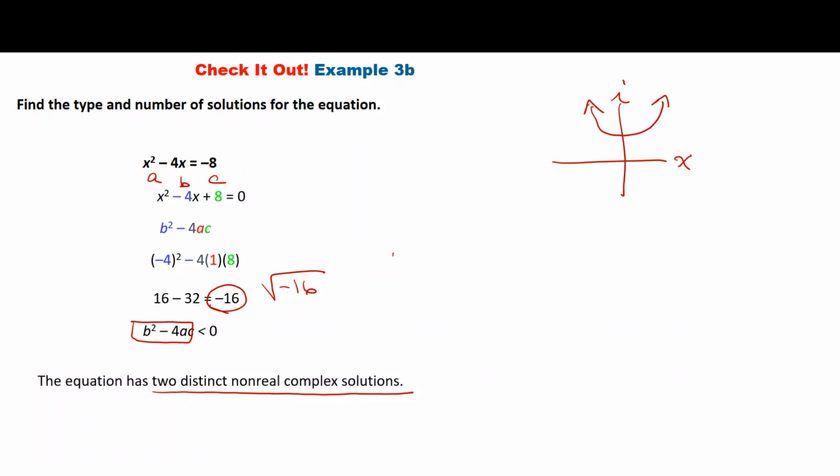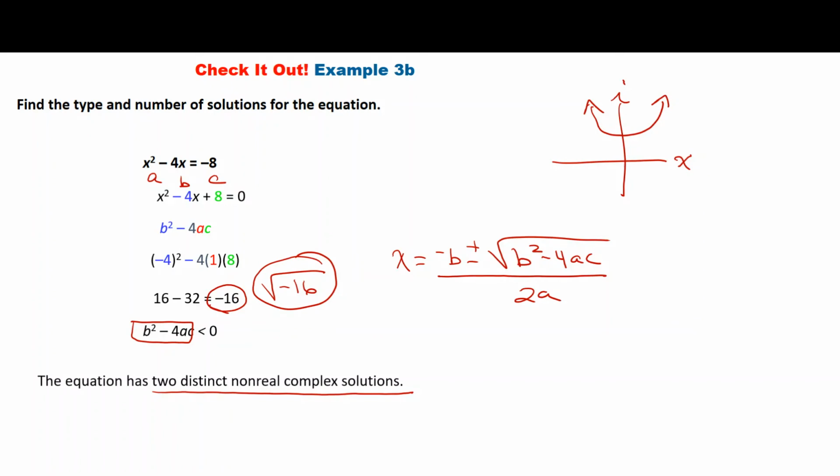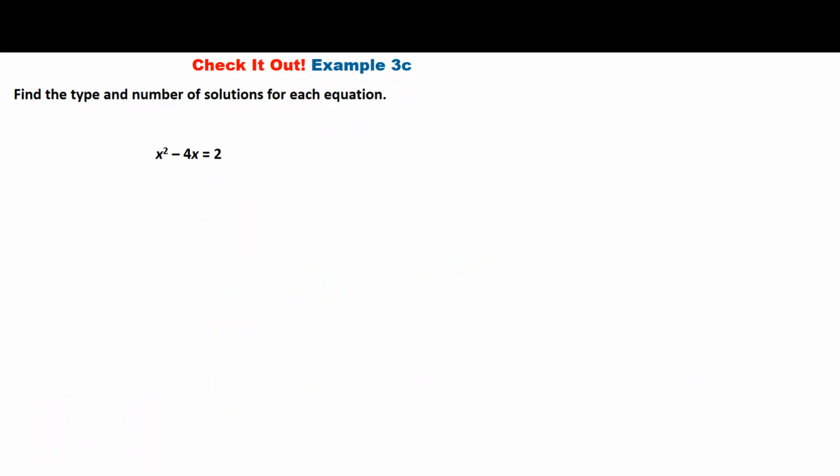Let's go through it one more time: x equals negative b plus or minus the square root of b squared minus 4ac all over 2a. So that's why this is negative 16, and that's what makes it imaginary, because we can't have two numbers that multiply together to get a negative number.